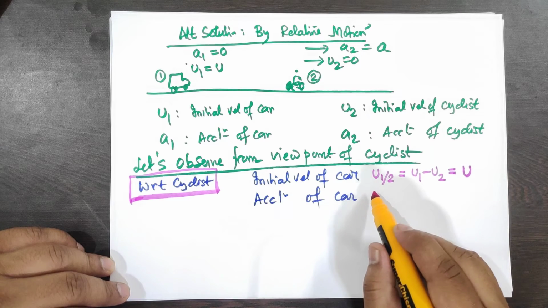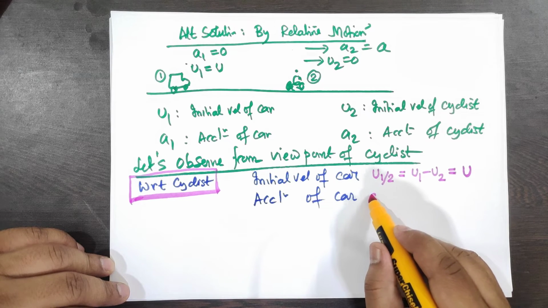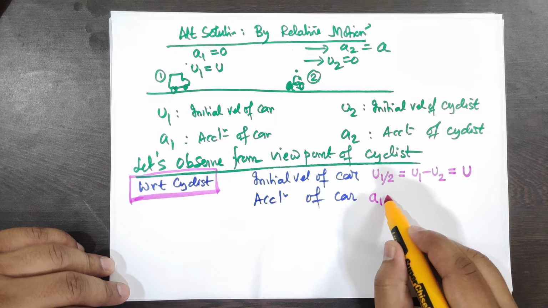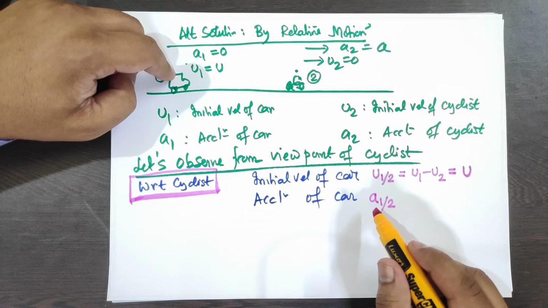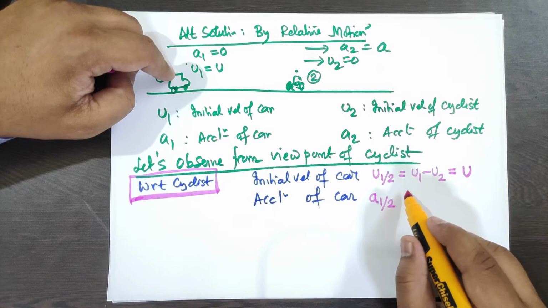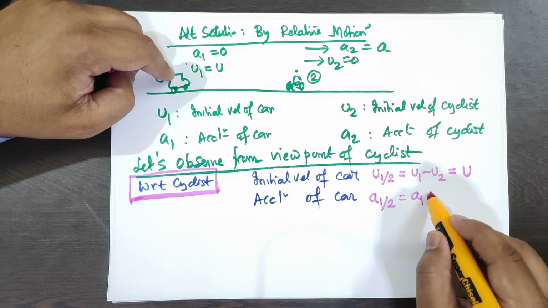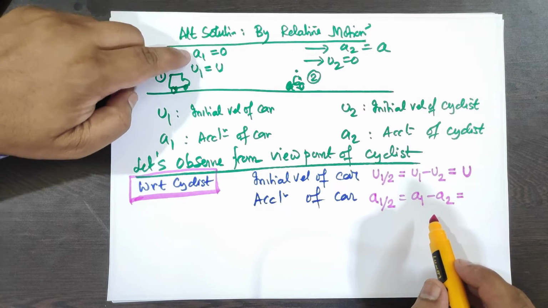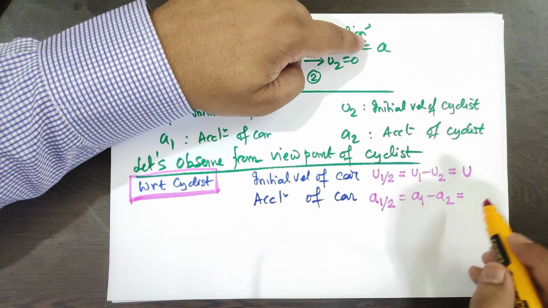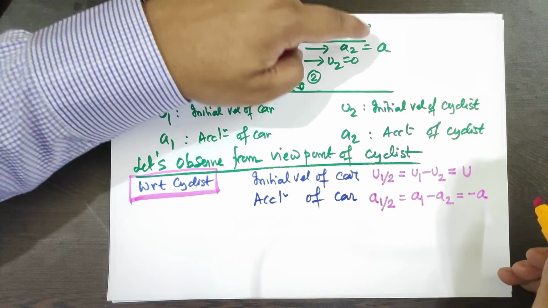Now the acceleration of the car with respect to the cyclist is a1 minus a2. a1 is 0 and a2 is a, so that's minus a.